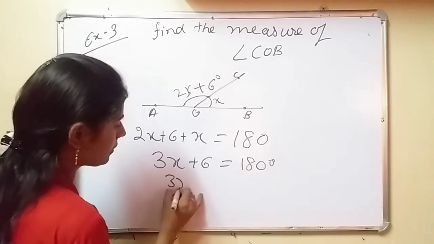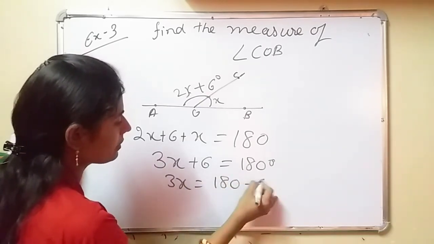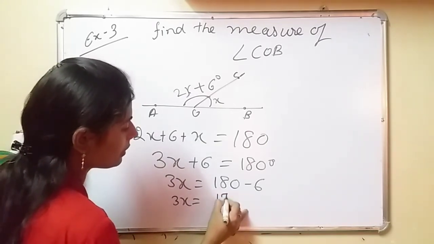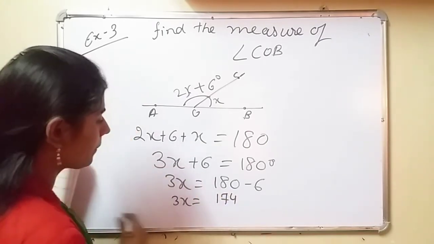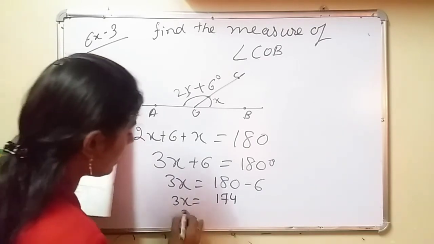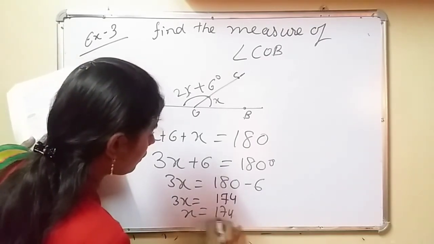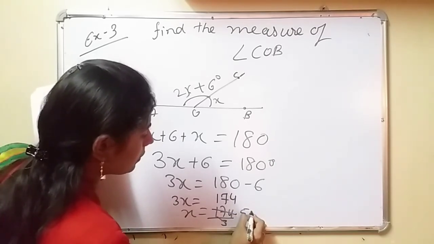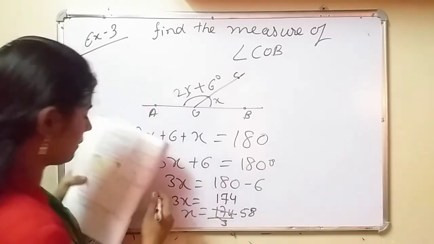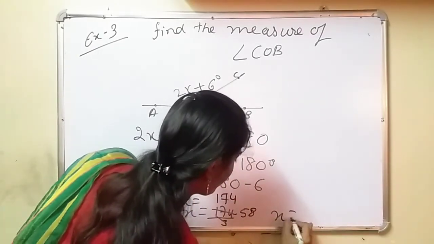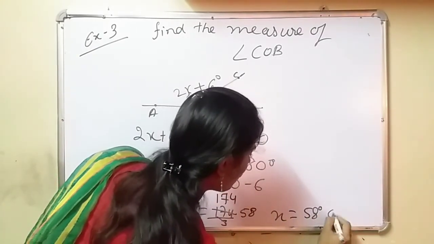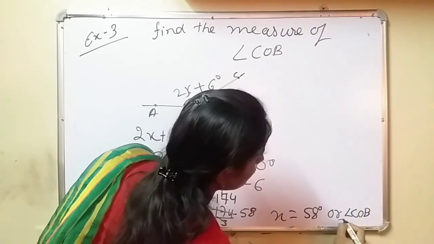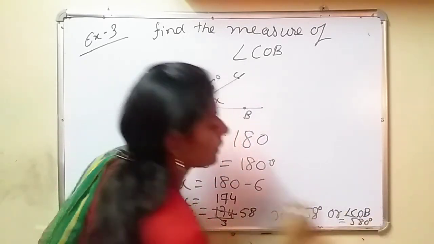So 3x is equal to 180 minus 6, 3x is equal to 174, x is equal to 174 divided by 3, 58. So x is equal to 58 degree and angle COB is equal to 58 degree.